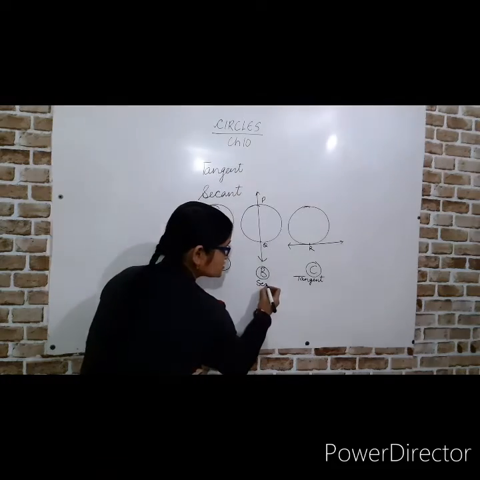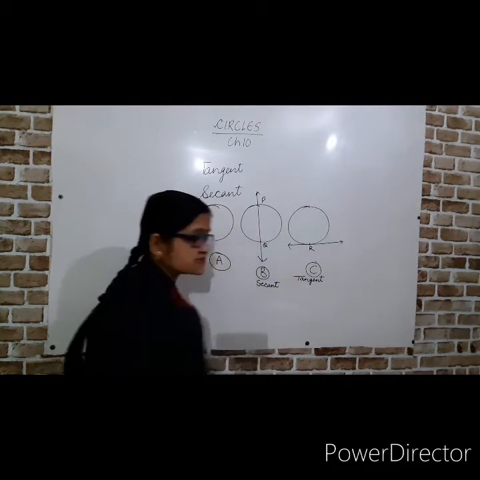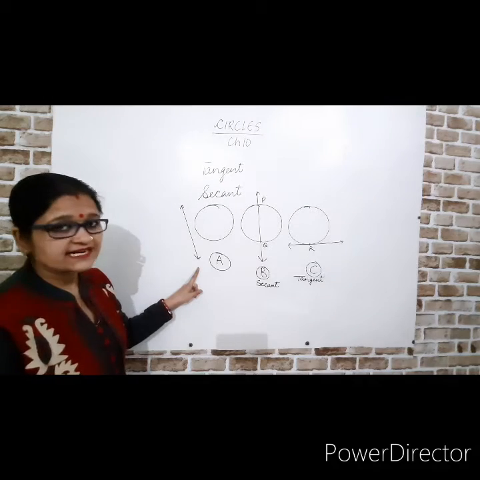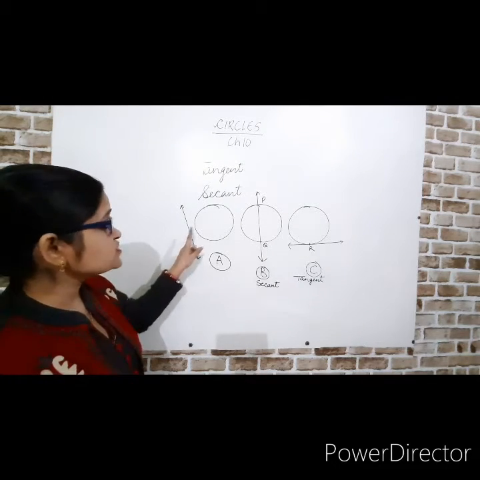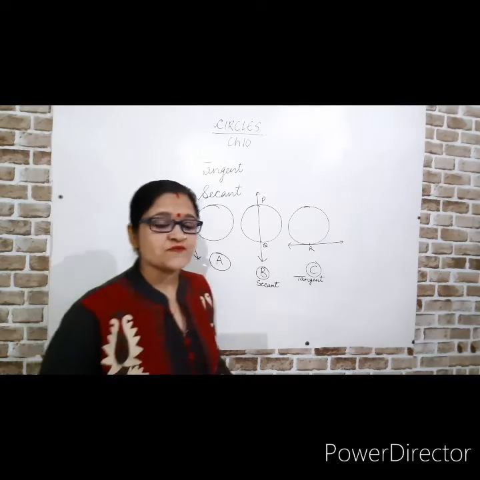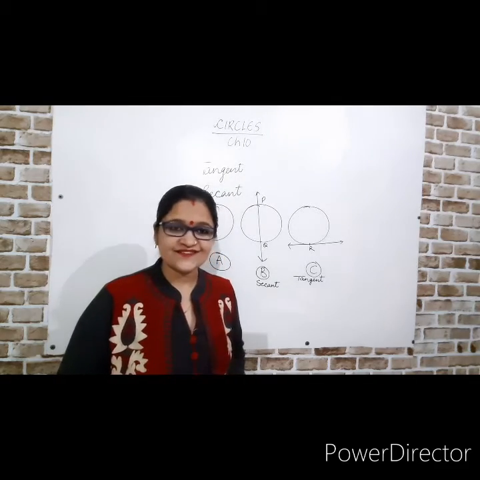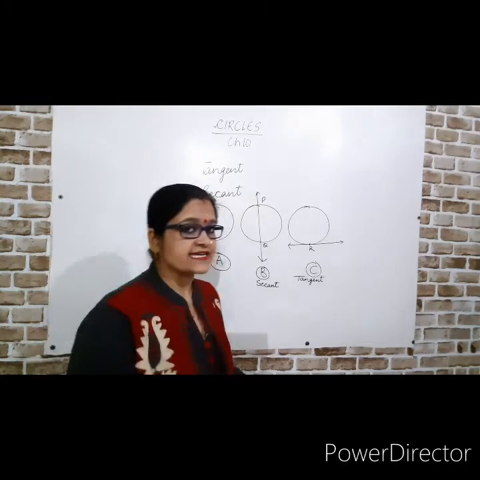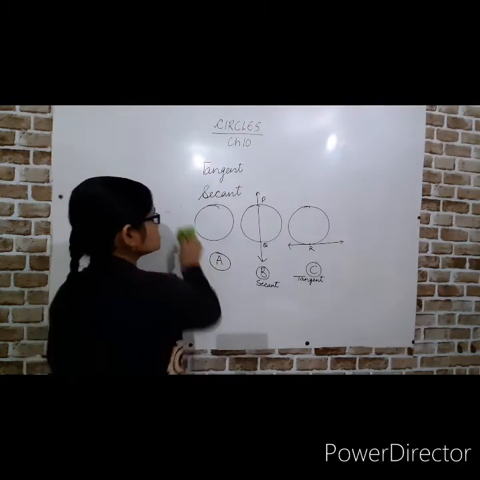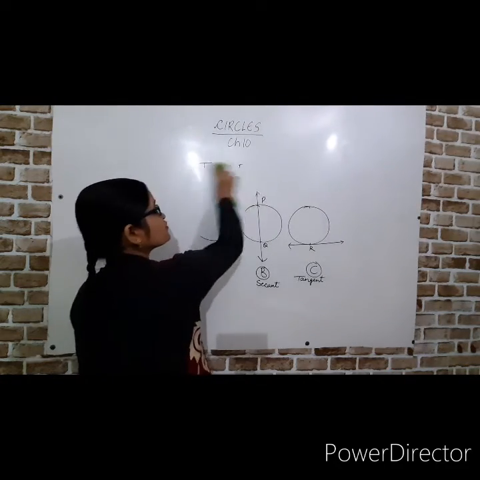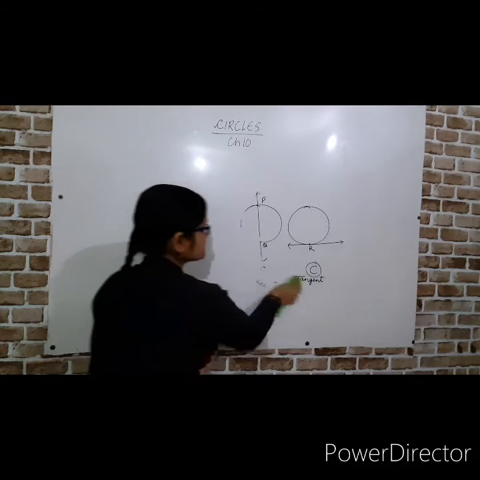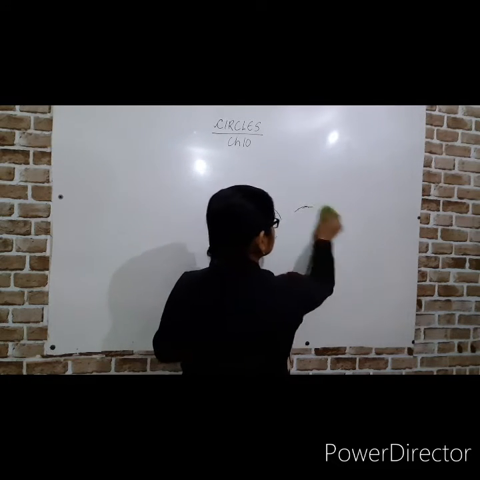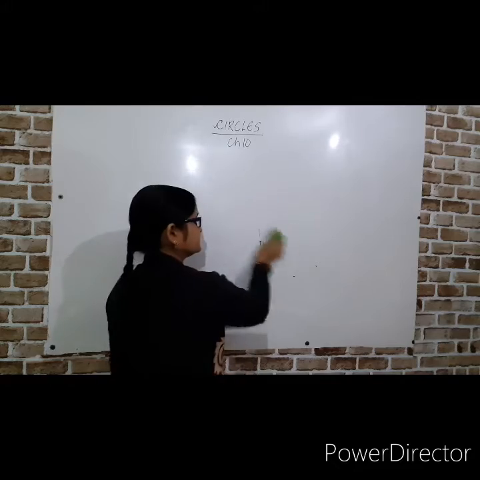This line is called a secant. Now the third one, figure A, has no common points, so there is no special name for it. After knowing tangent and secant, we will prove two theorems which are very important for this chapter.